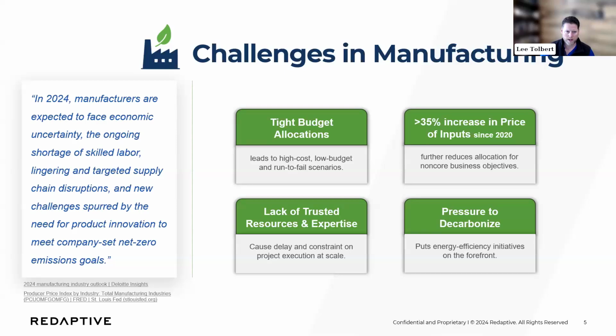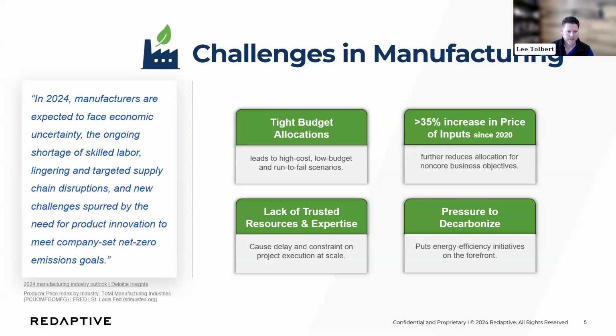You think about things like the recent changes across a number of states banning plastic bags, for example. That has a large impact on a number of different manufacturers. That makes it even more difficult to achieve what you need to on the sustainability side, but also just from a business operations perspective.